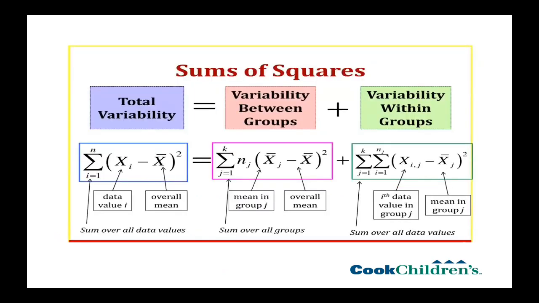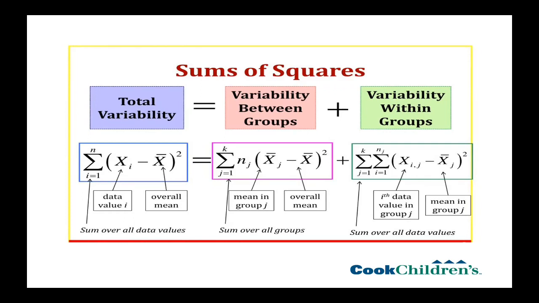This table or equation, as some refer to it, brings everything together for the sum of squares. The total variability, that's SST, is the addition of SSB, that's between group variability, and SSW, the within group variability.